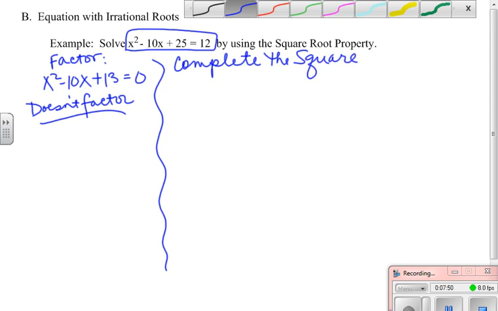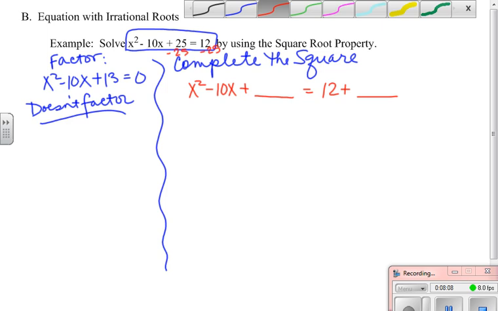So if we remember that x squared minus 10x, I want to get a blank here. So I'm going to subtract 25 from both sides.